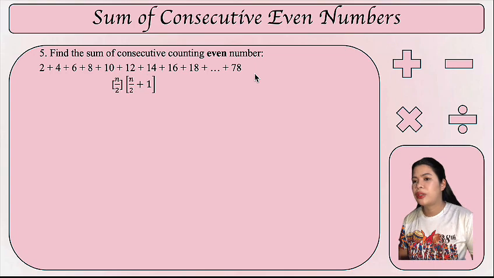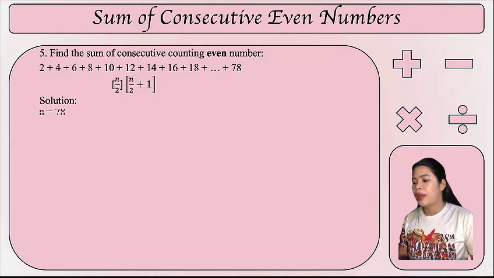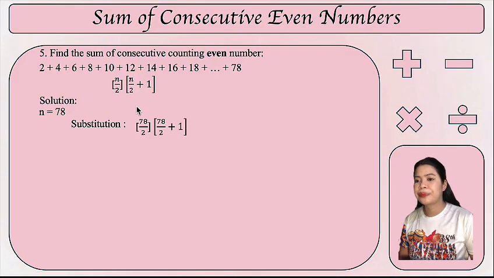So we are going to be using this formula, n divided by 2 multiplied by n divided by 2 plus 1. So here is the solution. n is equal to 78. First step, we are going to substitute the value of 78 to the values of n. So we are getting 78 divided by 2 multiplied by 78 divided by 2 plus 1.